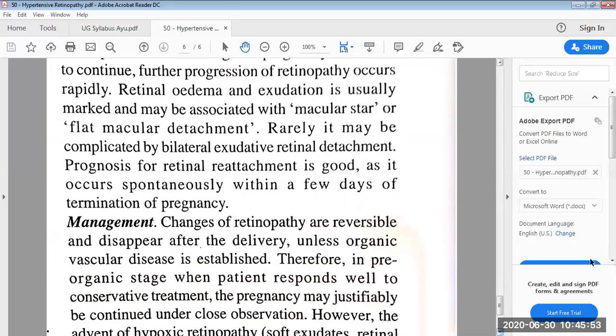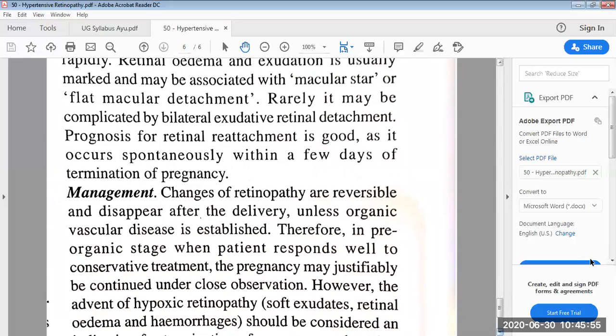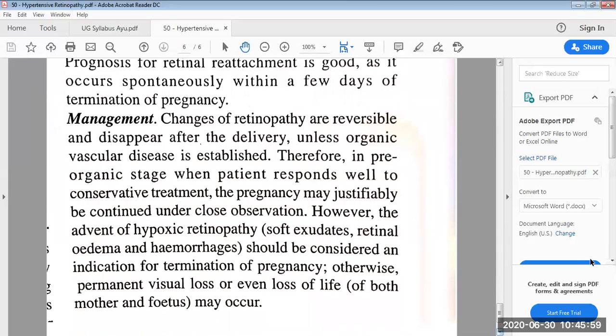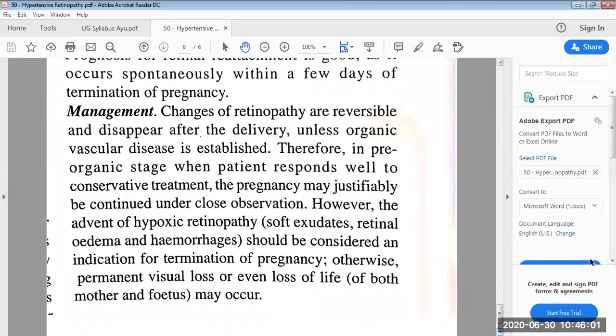The next is the management. The changes of retinopathy are reversible and disappear after the delivery unless organic vascular disease is established. Therefore, in pre-organic stage, when patient responds well to a conservative treatment, the pregnancy may justifiably be continued under close observation.